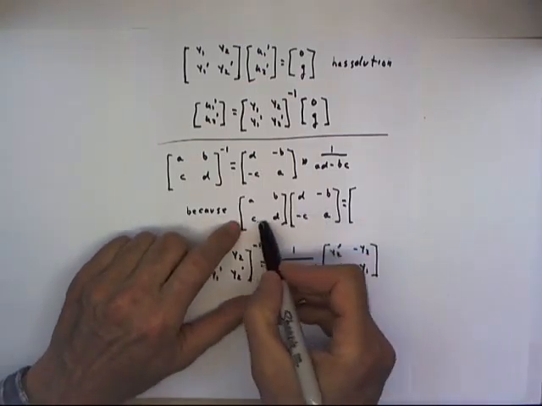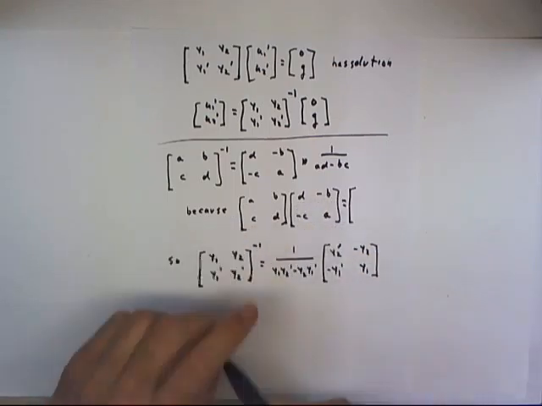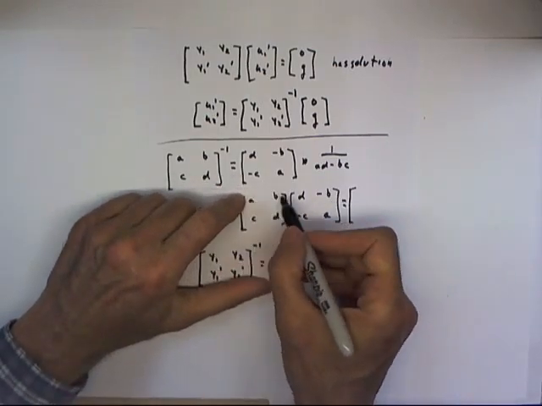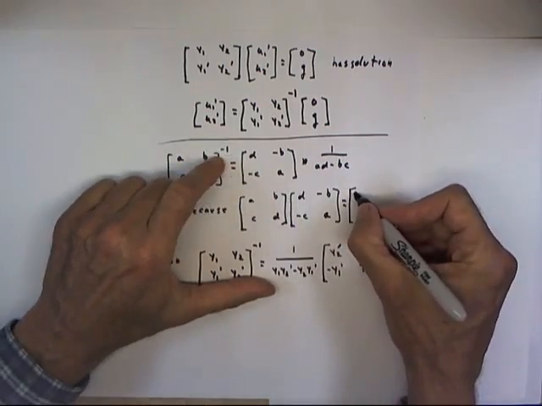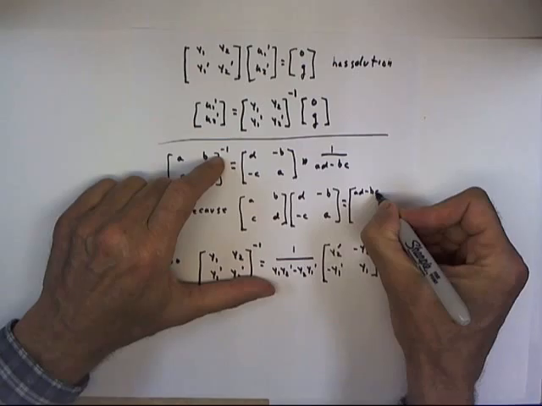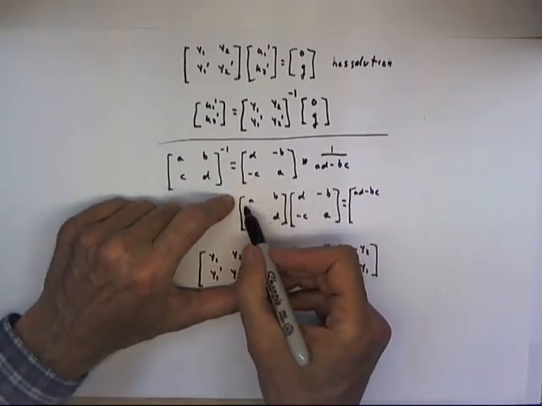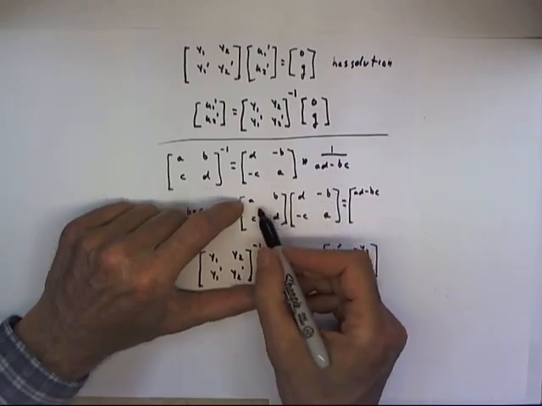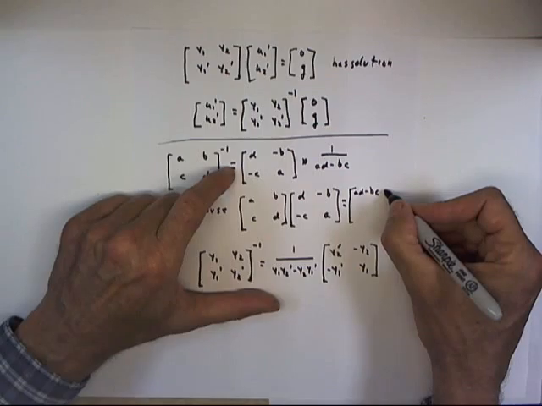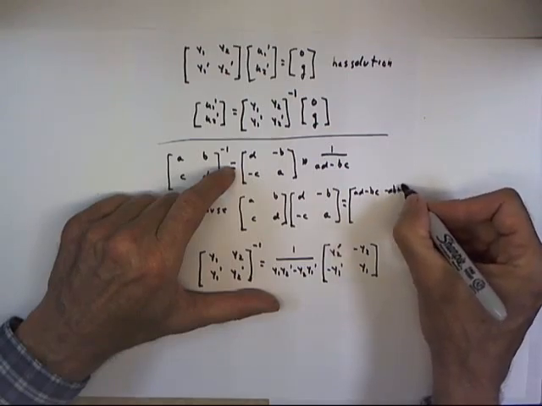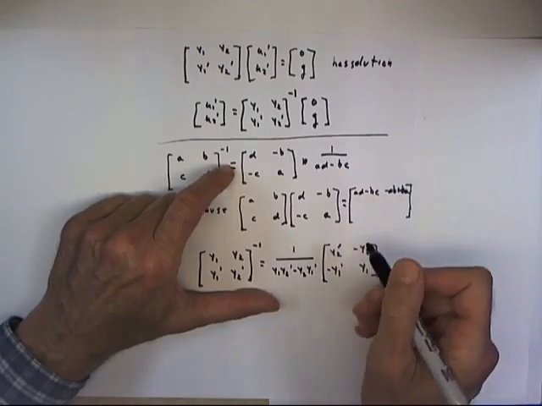Well, if we multiply A, B, C, D by D, negative B, negative C, A, what do we get? We get AD and B times minus C, so we get AD minus BC from multiplying the first row by the first column. Second row times second column gives us negative AB and then plus BA, and of course that gives us 0.